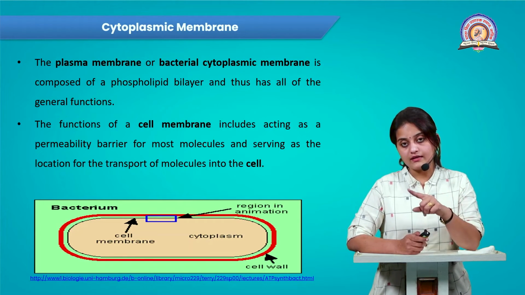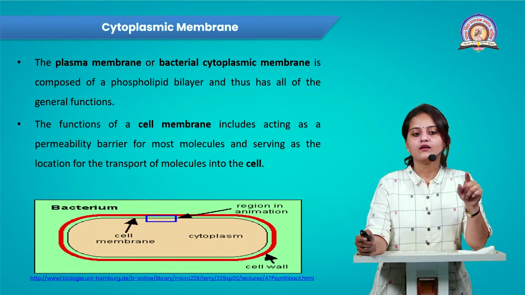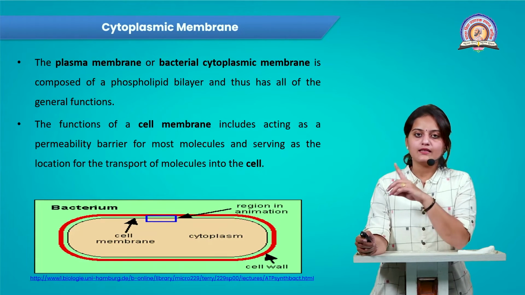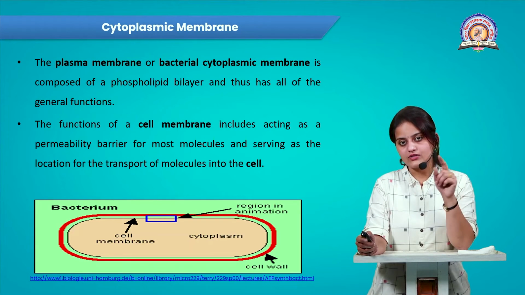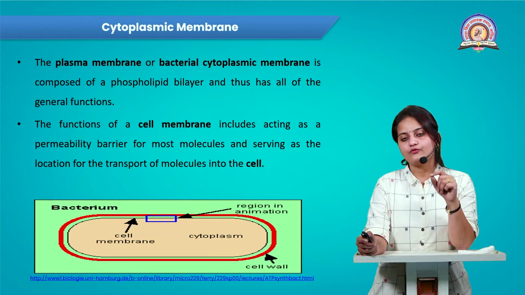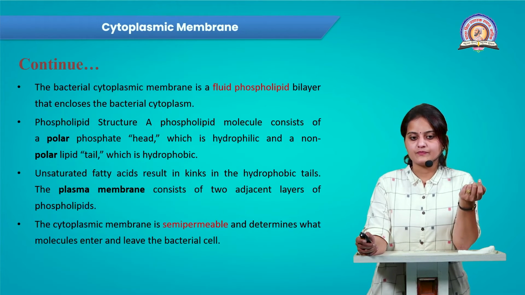The green line is the cytoplasmic membrane, and the red line is the cell wall. The squared structure is where the semi-permeability of the cytoplasmic membrane takes place.